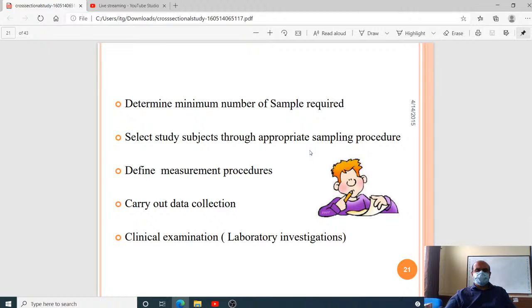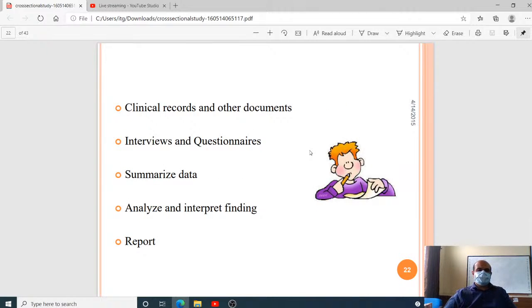Define measurement procedures. Carry out data collection. Then do clinical examination. Make clinical records and documents.